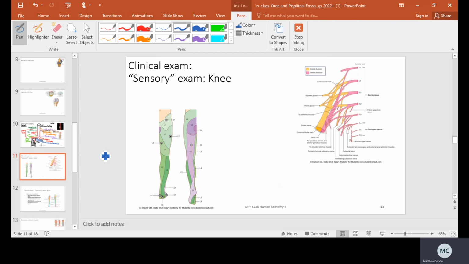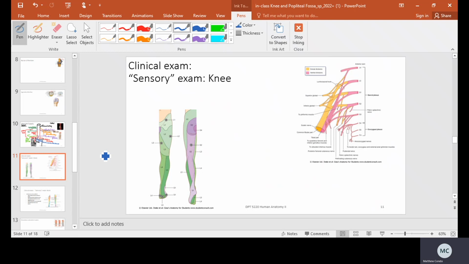Understand how those dermatomes are made, right? So what's a dermatome? Right, area of skin, derma means skin, innervated by an afferent nerve. And that's the greatest collection of afferent nerve fibers in that particular area.